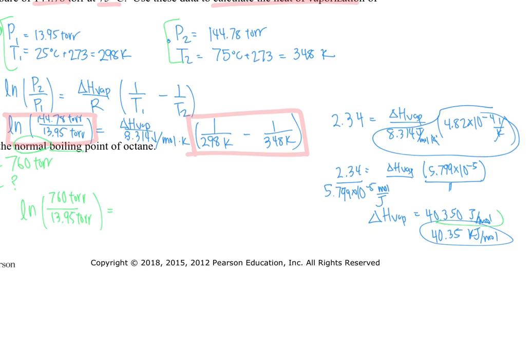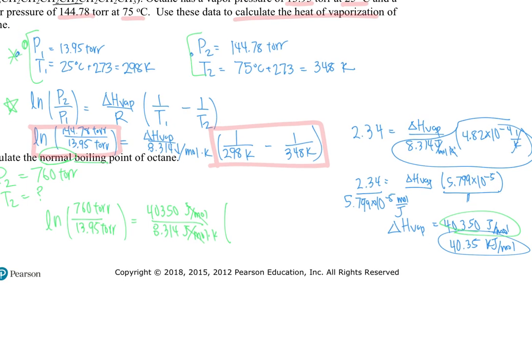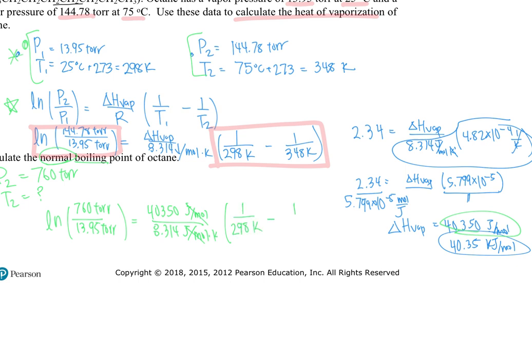Let's use it in the joule form because that's what the units are going to cancel out. 40,350 joules per mole over R, which is 8.314 joules per mole Kelvin. So our joules per mole will cancel out, times our temperature. So we're going to do temperature 1, which we have as 298. So 1 over 298 Kelvin minus 1 over T2, which we're solving for.